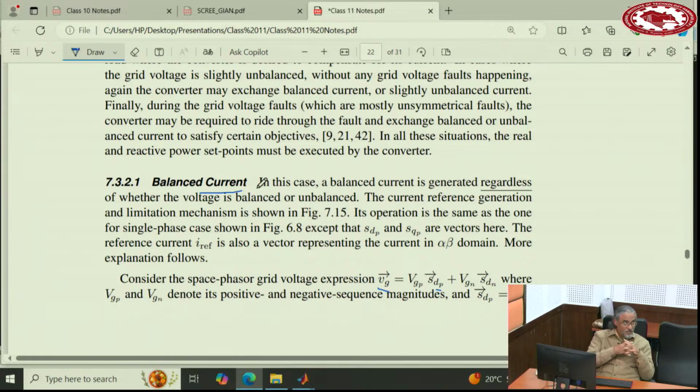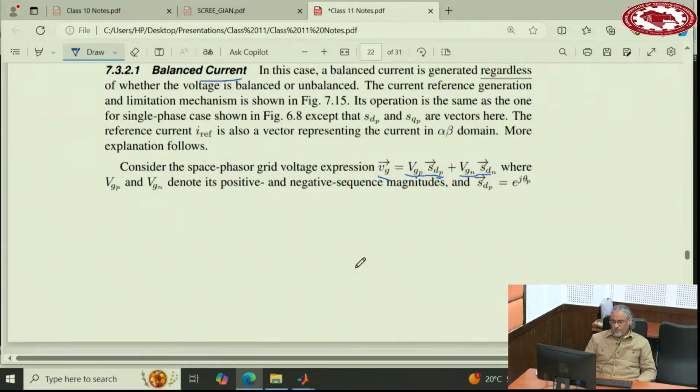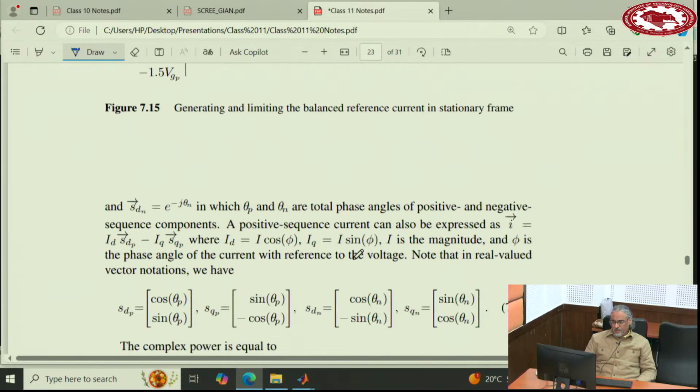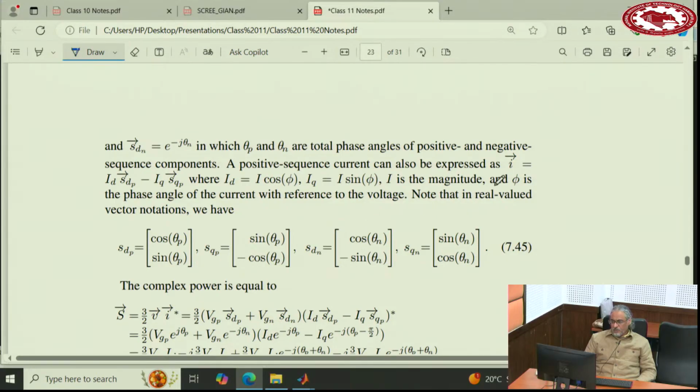I forgot that. So what is this situation? This situation says, I want my converter to generate balanced current, regardless of whether the grid voltage is balanced or unbalanced. So the grid voltage has, in general, a positive sequence and negative sequence, right? The current here only has positive sequence.